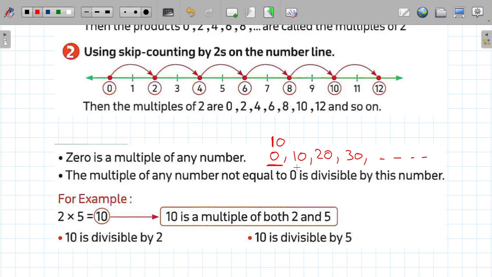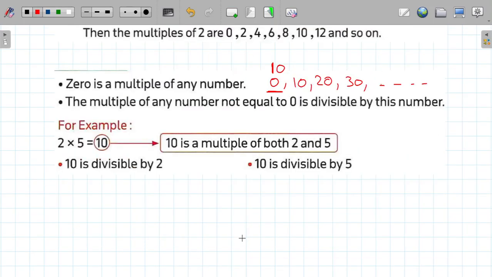Here I have 2 times 5 equals 10, and in that way I can say that 10 is a multiple of both 2 and 5. So I can tell you that 10 is divisible by 2 and 10 is divisible by 5.